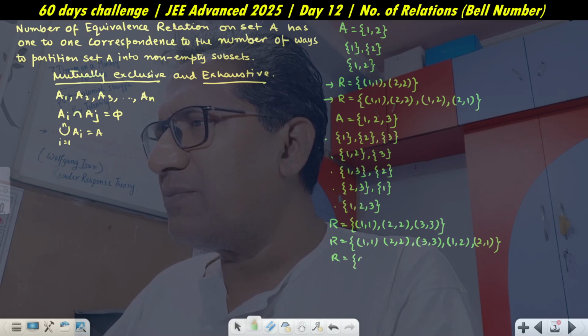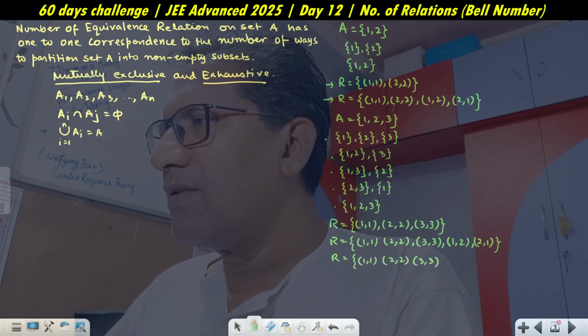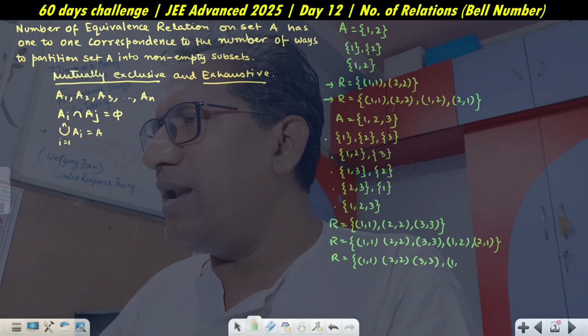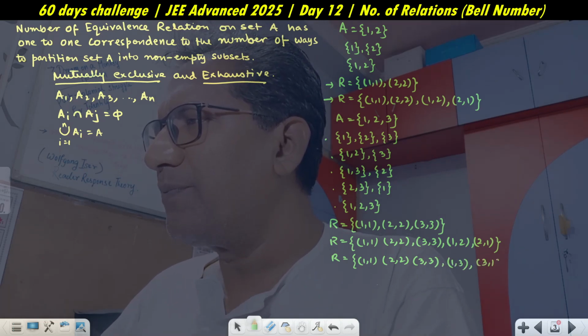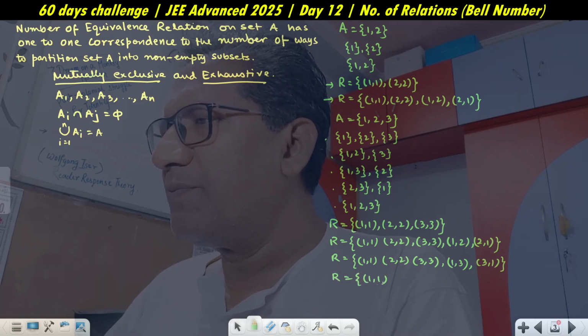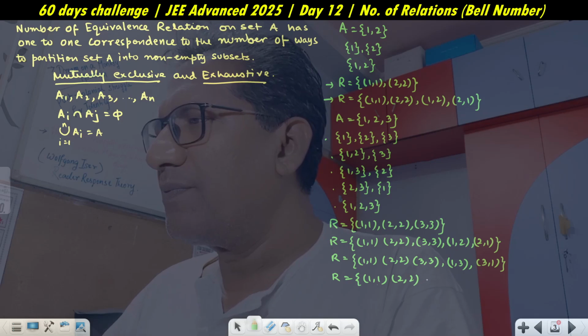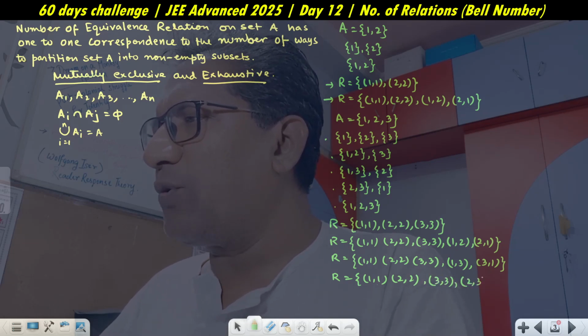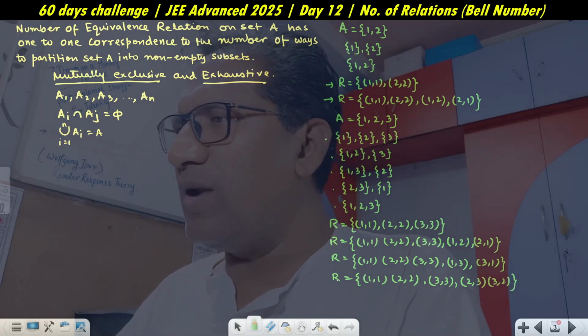What else? This can be another equivalence relation. Yes. What else? It can be (2,3) and (3,2). Yes, it is an equivalence relation. What else?